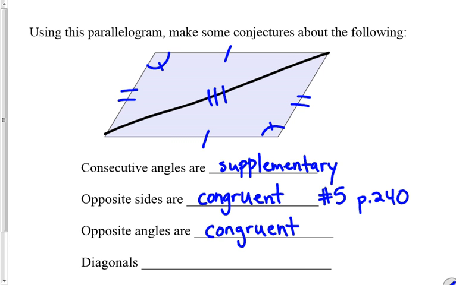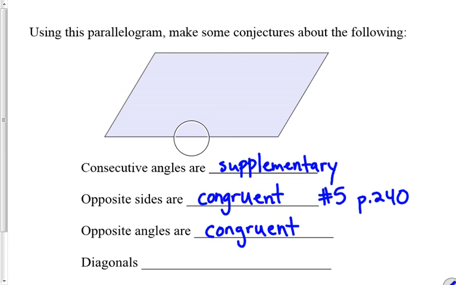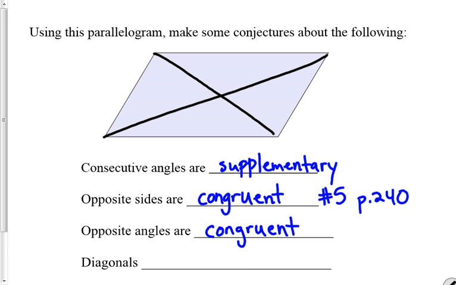And finally, they ask us about the diagonals of a parallelogram. All right, so let's draw in our two diagonals. So there's one, and there's the other one. It's a little bit hard to tell here, and I'm not so sure we're going to go through any reasoning to conclude this, but I'm just going to go ahead and tell you that these two diagonals bisect one another.